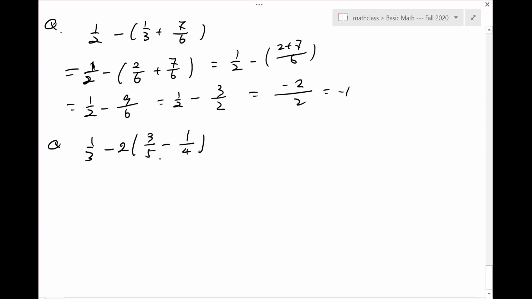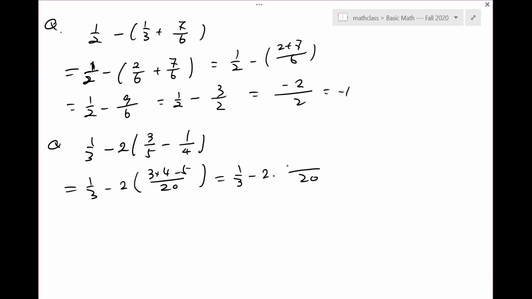I think we don't have a 3, 5, 4. There's no common factor here. So I'm going to add this together, right? Here's 20. And then 3 times 4 minus 5. Then you will get 20, 12 minus 5, right? 12 minus 5 is going to be 7.